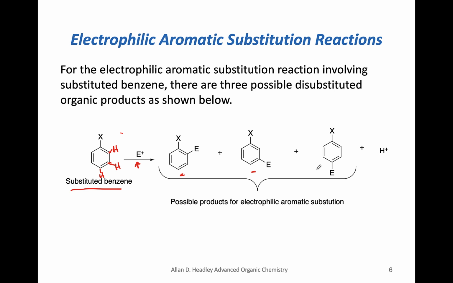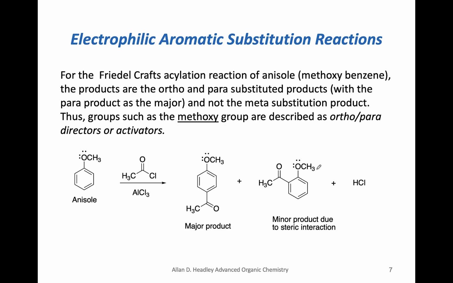Now comes the question, how do we determine which is the major product? Because as you know, in organic chemistry, we always try to get a large percentage of one product, and that determines the percentage yield of that reaction. So let us see how we can make that determination.